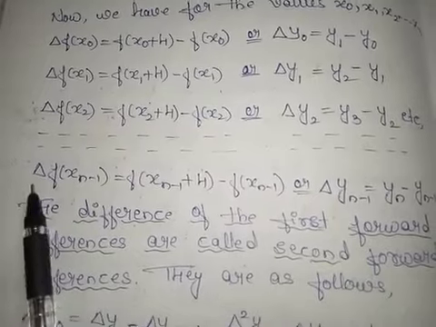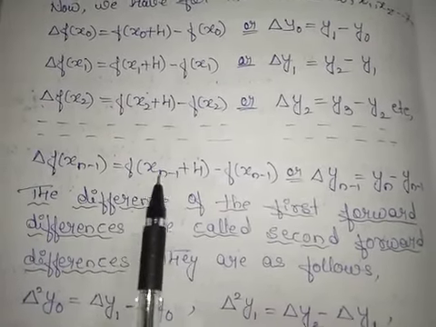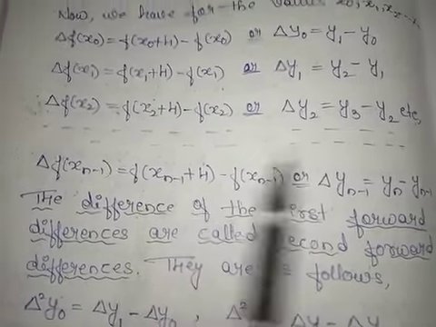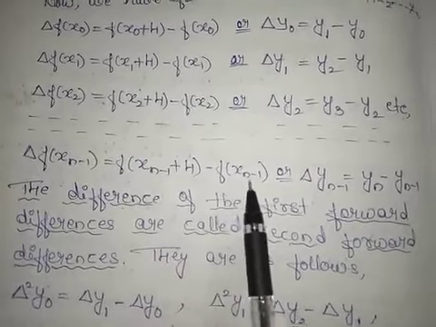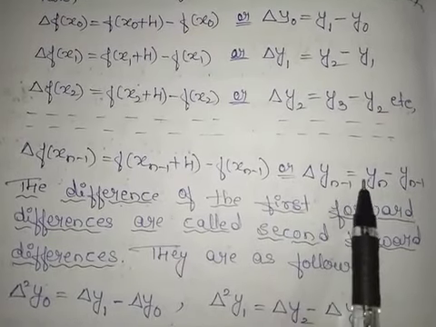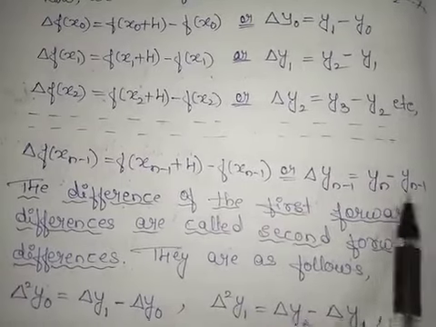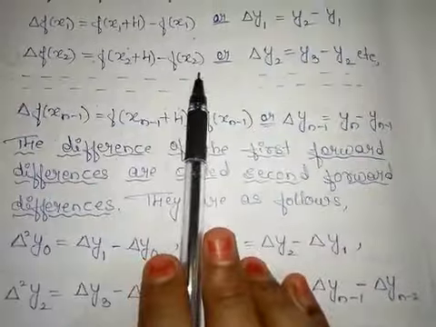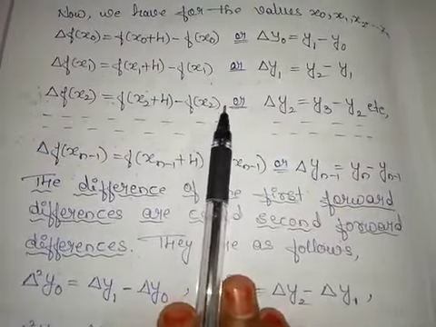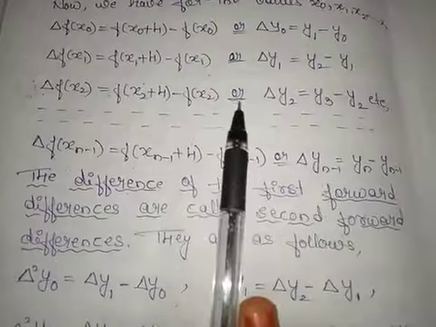It will be delta f of xn minus 1 is equal to f of xn minus 1 plus h minus f of xn minus 1, or delta yn minus 1 is equal to yn minus yn minus 1. Okay, these are the first forward differences for the set of values of x.